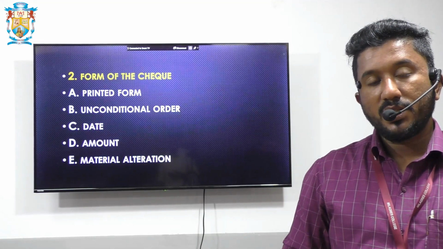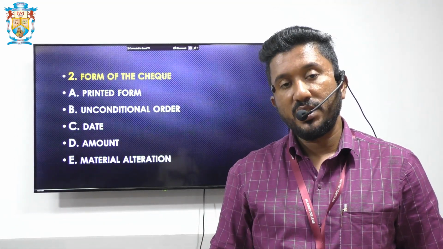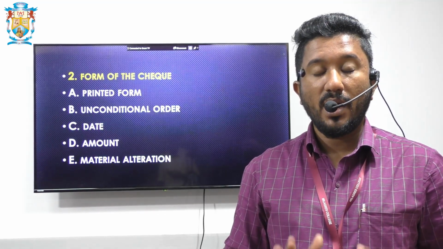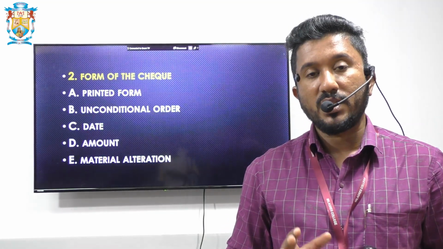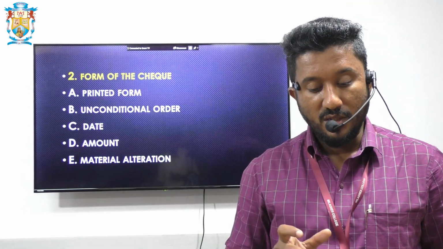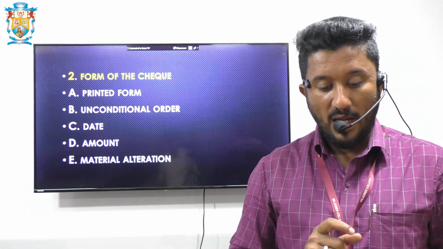Then material alteration. If any kind of material alterations are made on the check, that cannot be accepted. Alteration requires confirmation. When there is alteration confirmation, then only they can accept it. Otherwise, they cannot accept.